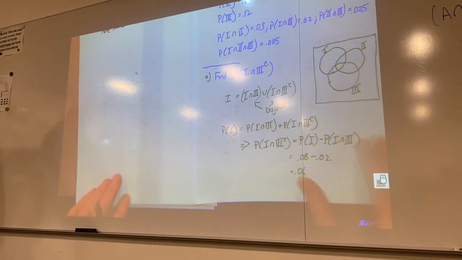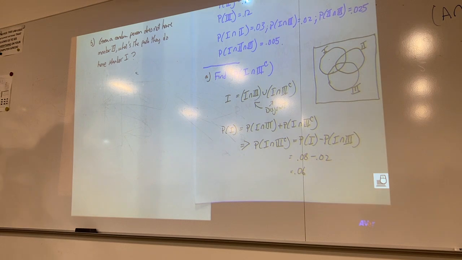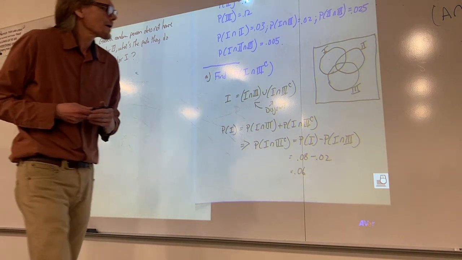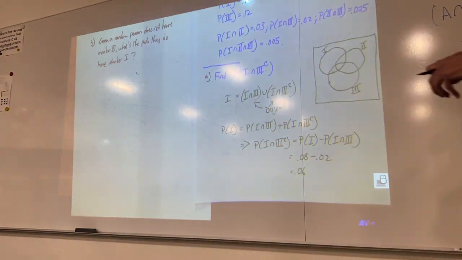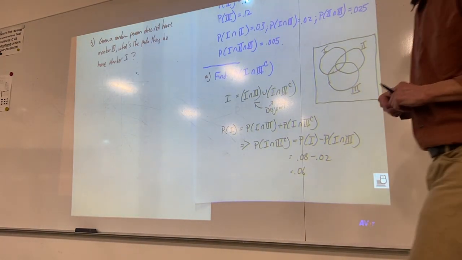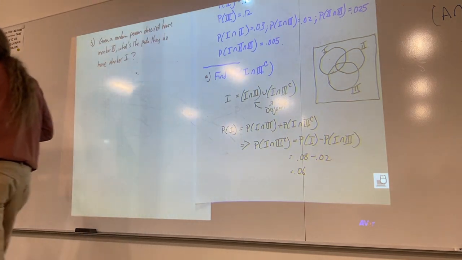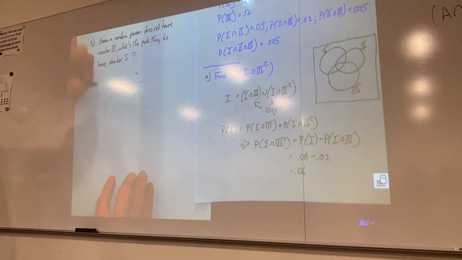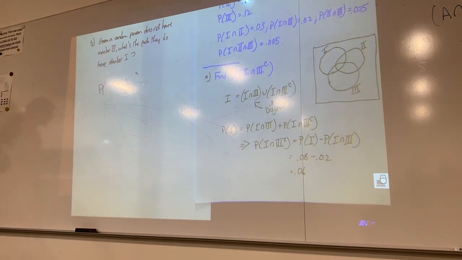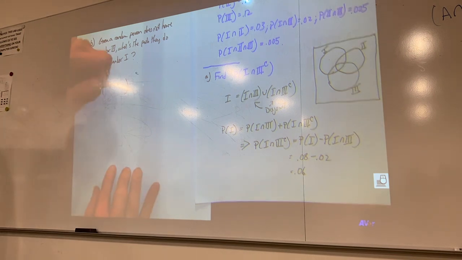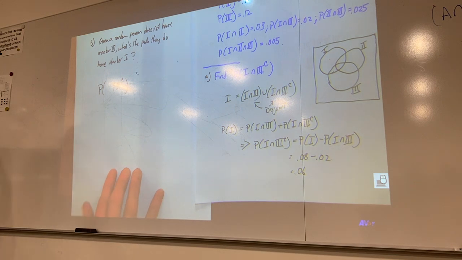Right. So isn't this the conditional probability? Yes, what are we conditioning on? The part of the circle of 3 that's inside of 1? I don't know about that, but in terms of markers, they don't have 3. So given they don't have marker 3, what's the probability they do have marker 1?